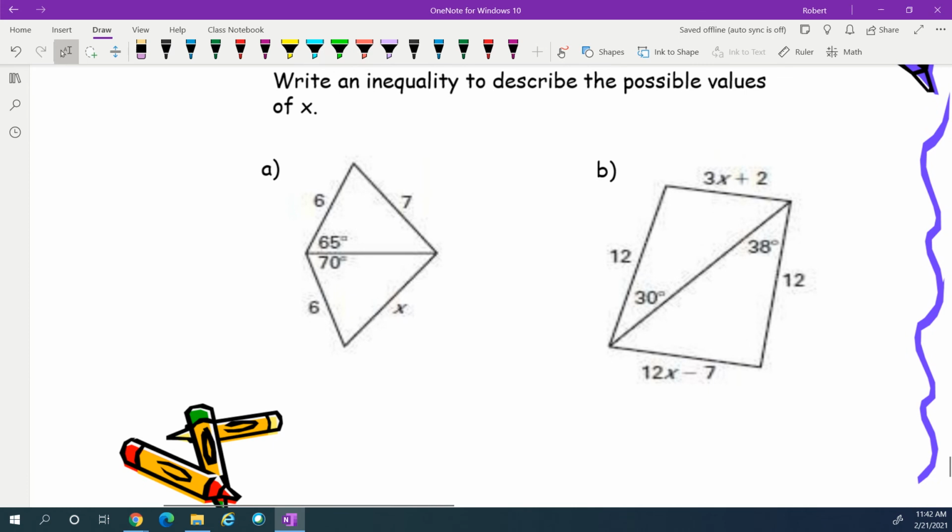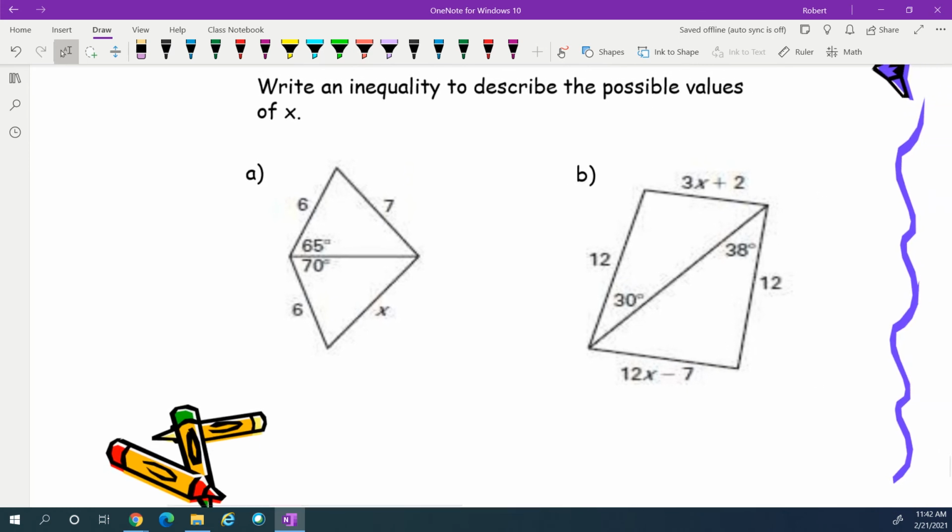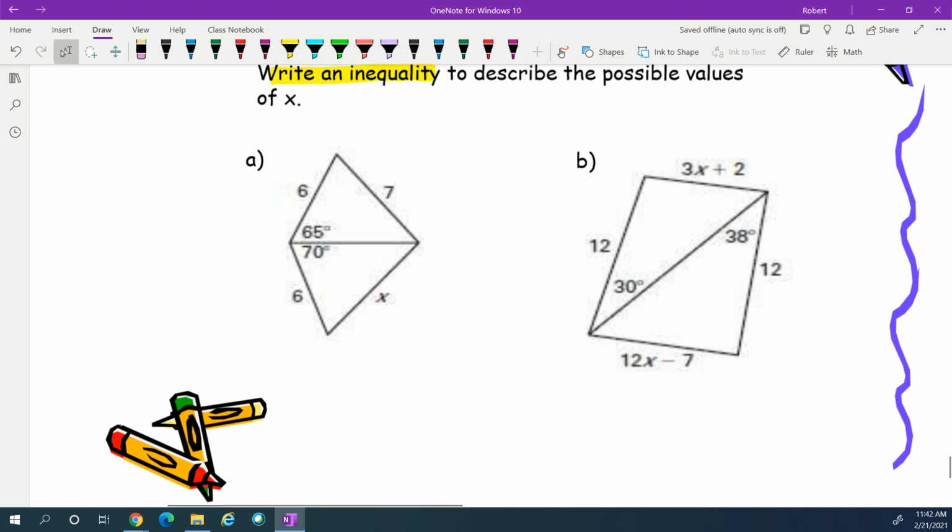In these last 2 questions, we're asked to write an inequality. We're going to approach it the same way that we have been. We're comparing the 65 and the 70, so we have a small and a large, and they're opposite sides, small and large. We cannot solve for x.